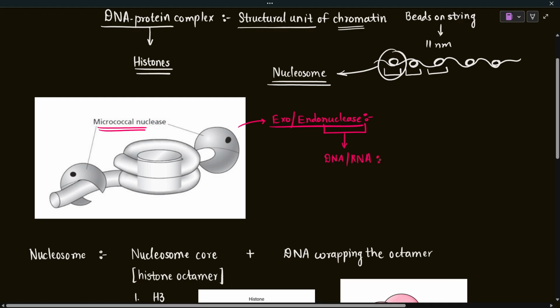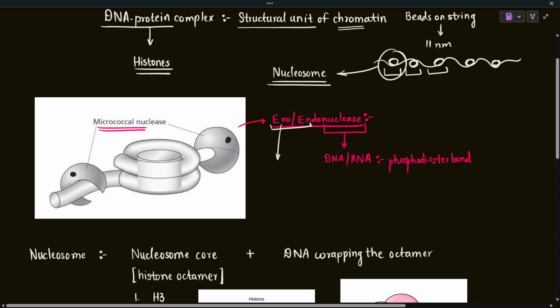It actually cuts DNA and RNA at the phosphodiester bond of the backbone. Both exonucleases and endonucleases cut the DNA or RNA at the phosphodiester bond. So why are there two types?